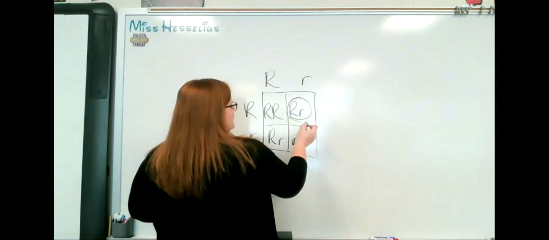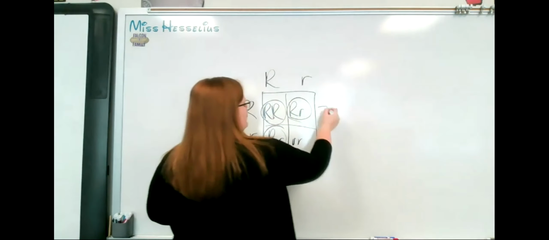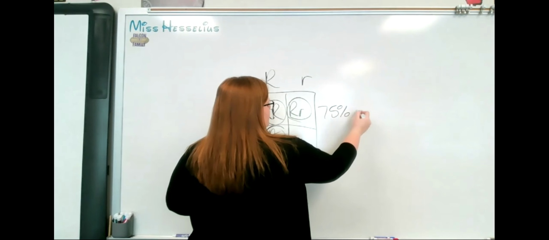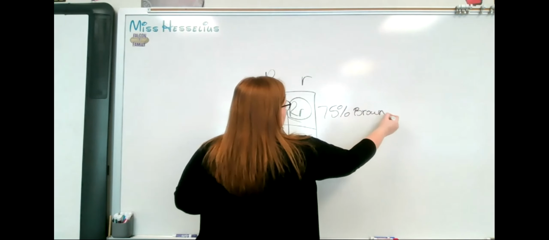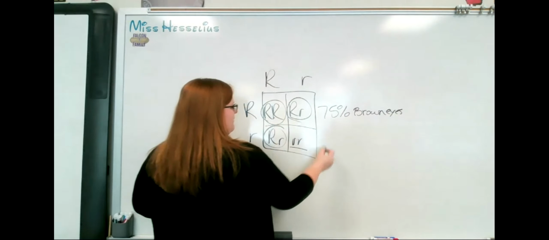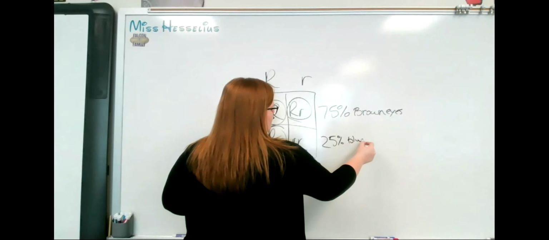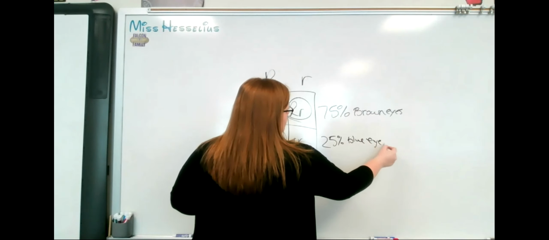So this kid's going to have brown eyes, this kid's going to have brown eyes, and this one would have brown eyes. So there's a 75% chance of having brown eyes in this case, and then that leaves a 25% chance that their kid would have blue eyes.